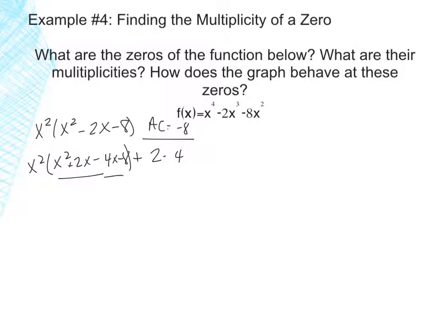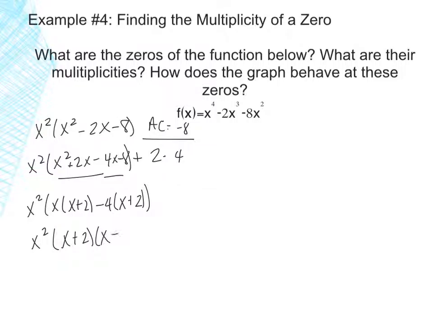Group and group. X squared is still out. If I take the greatest common factor of the first part, that's x. What's left over is x plus 2. And then minus 4, and that's also going to be x plus 2. So my factors are x squared times x plus 2 and x minus 4.